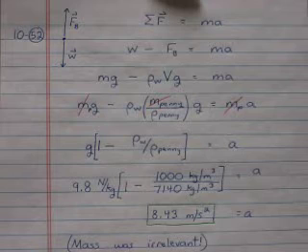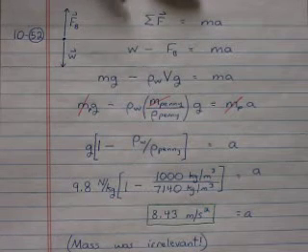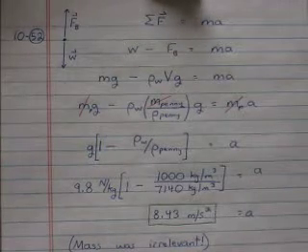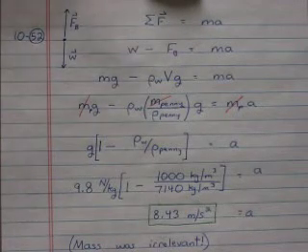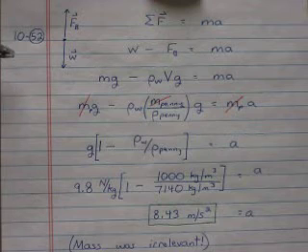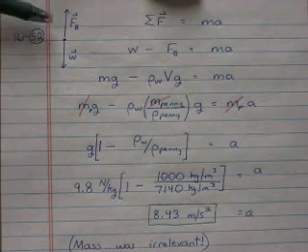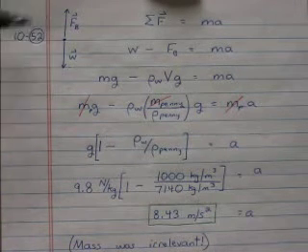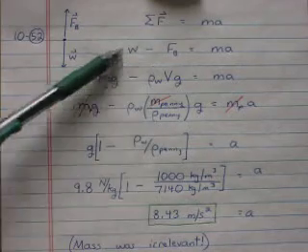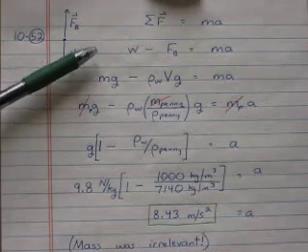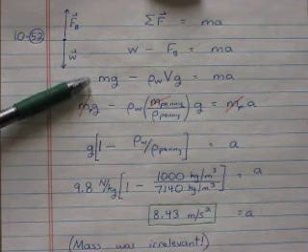To find that acceleration, we think back to how we did a problem like this in Chapter 4. The net force equals ma, and it's that a that we're solving for. So what is the net force? Look at my force diagram, and I'm going to call down the positive direction because that's the way the penny's going. So weight is down, buoyant force is up, and we have weight minus buoyant force equals ma. Now we start to plug in the values. The weight of the penny is mg.